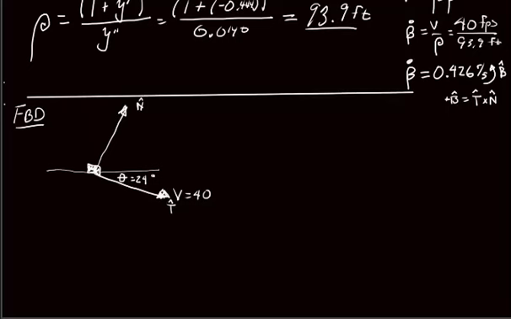So from there, let's build our free body diagram. Acting straight down, we have the weight W. Acting perpendicular to the track is the normal force.